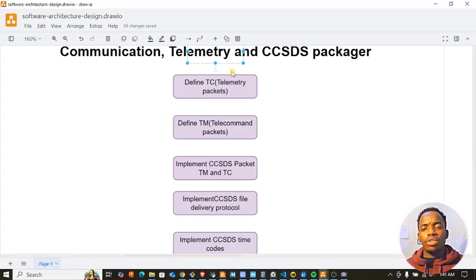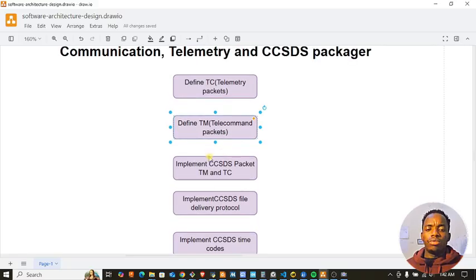So I've called it the communication, telemetry, and the CCSDS packager, right? It defines the telemetry packets, and telecommand packets from the ground to the CubeSat. Remember, you're sending your commands from a ground station, so you have to adhere to the packet structure.